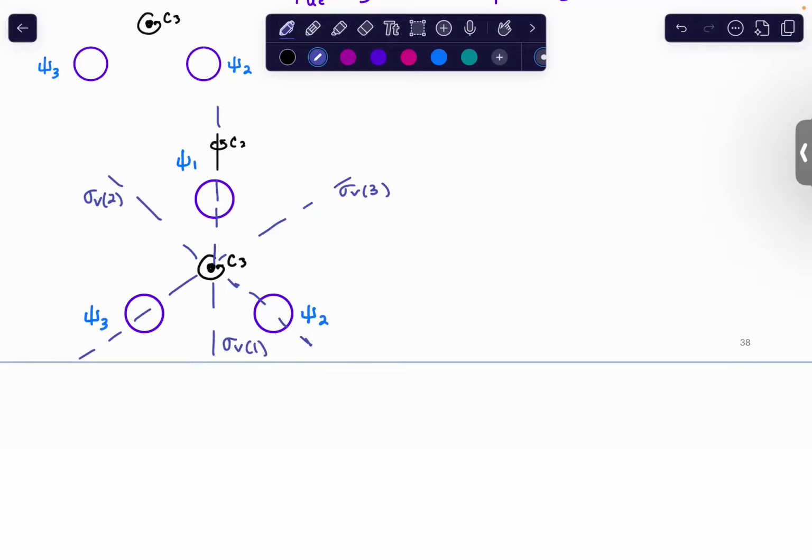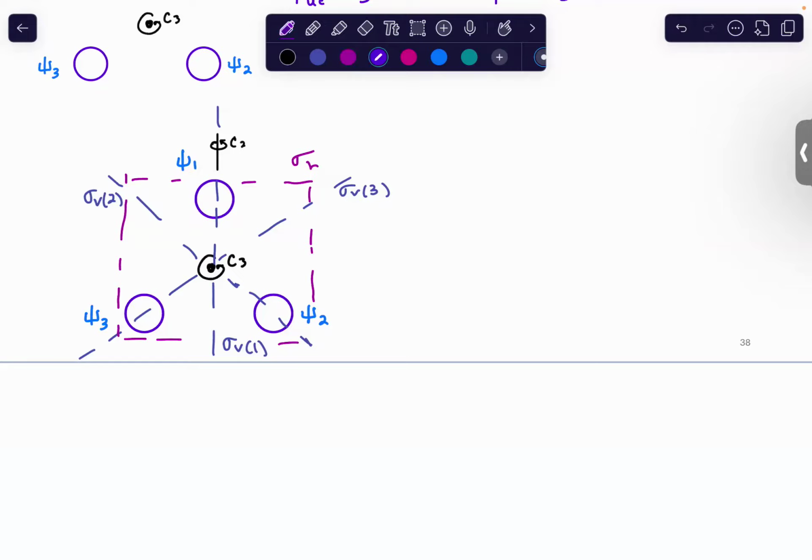Then we know that our sigma h we'll have to draw on here. All three of those lie right in the plane of the sigma h, so we can look right down on it. And then of course, our S3 is going to use the C3 and the sigma h. That's really all we need.